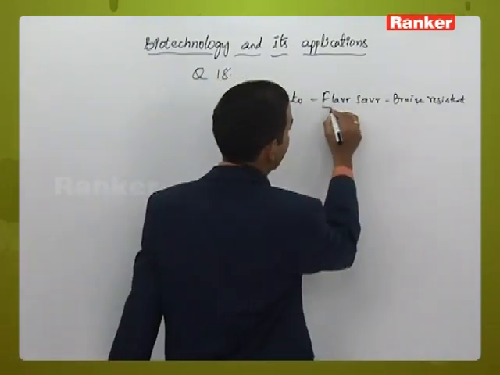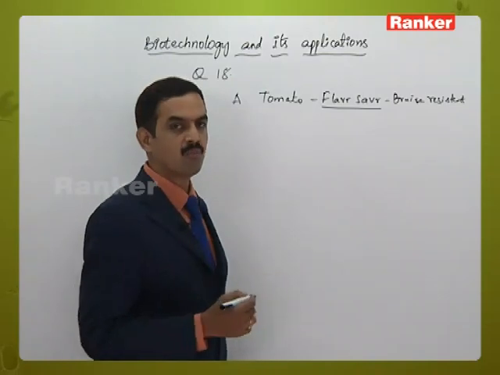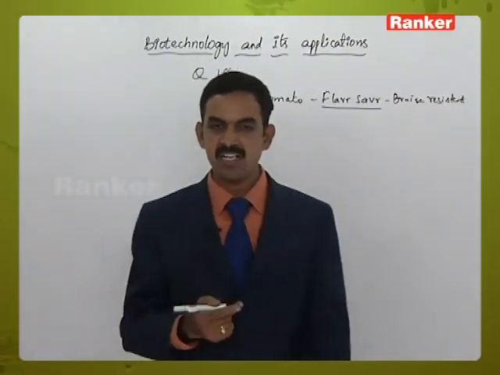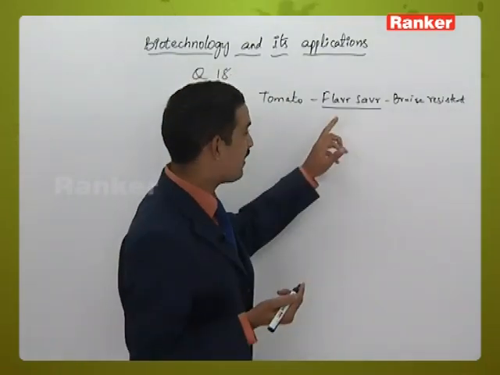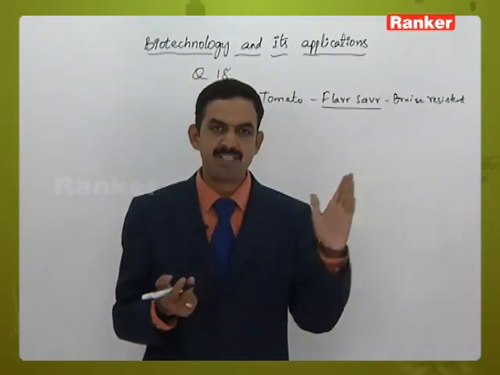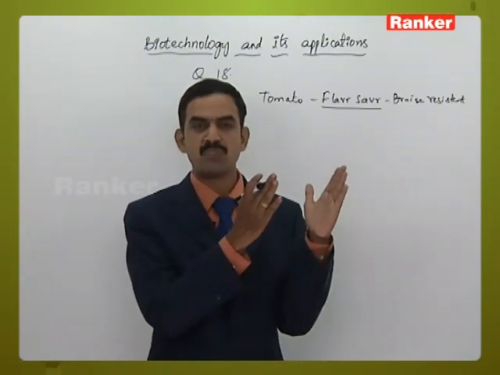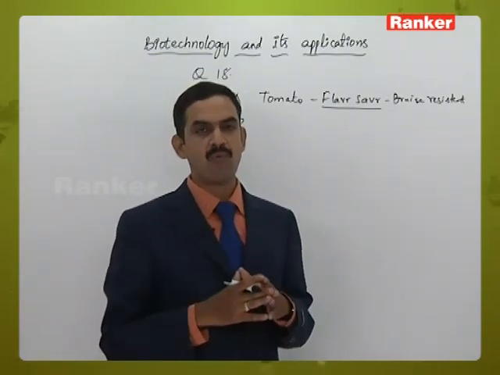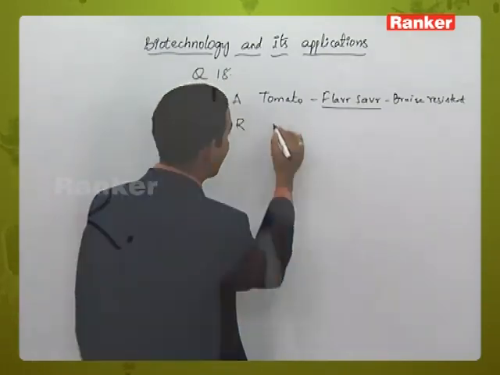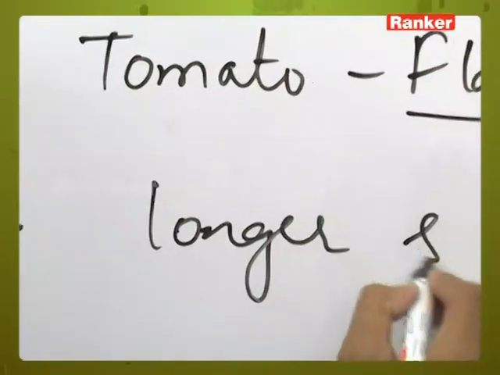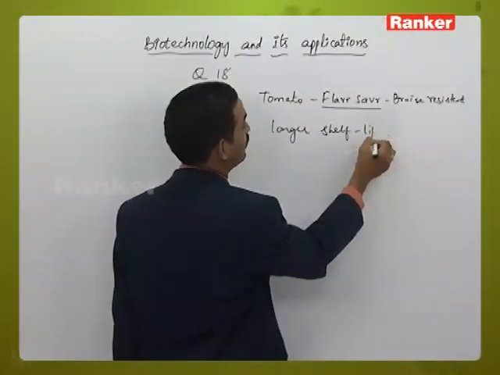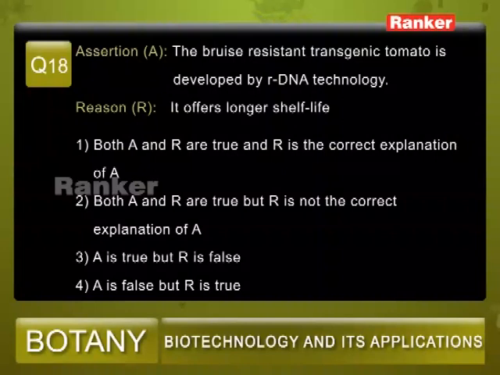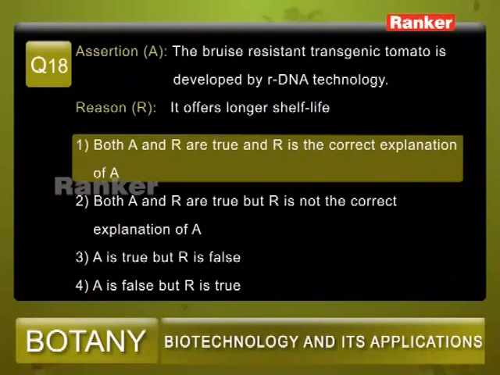That variety of tomato is called the Flavr Savr variety. That is correct. As for the reason, we know that when the transportation time is delayed, the freshness of the tomato fruits is retained. That is nothing but the shelf life being increased, so they have a longer shelf life. So both A and R are correct and R is the correct explanation of A. Question number 18, the correct answer is 1.